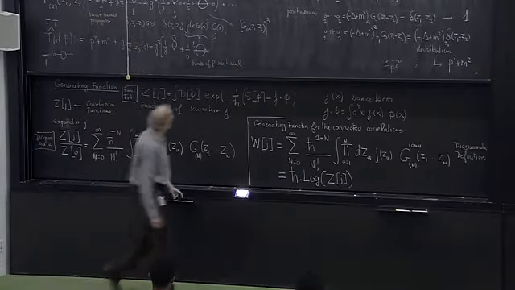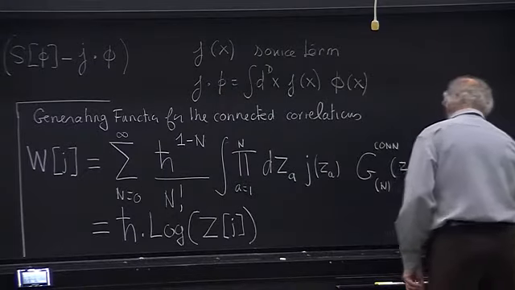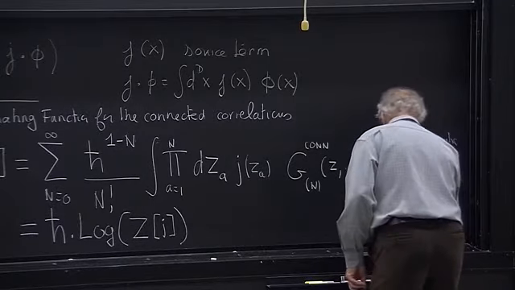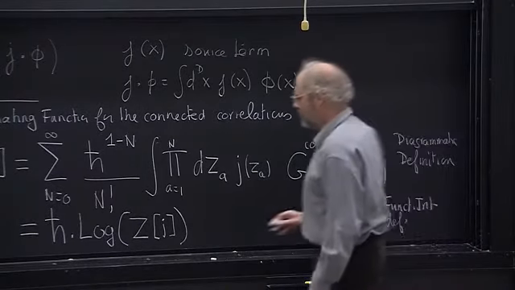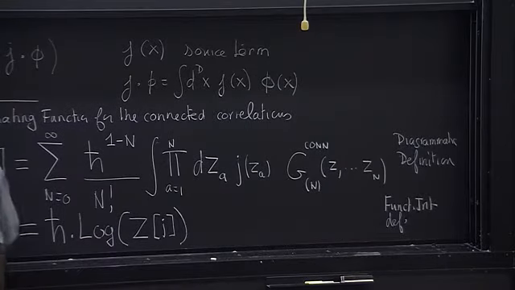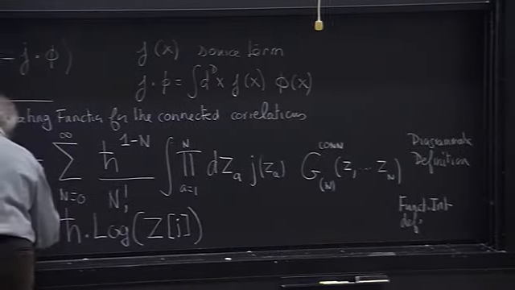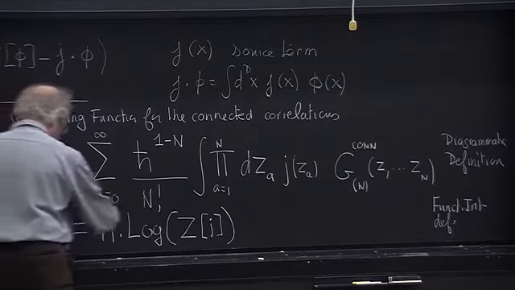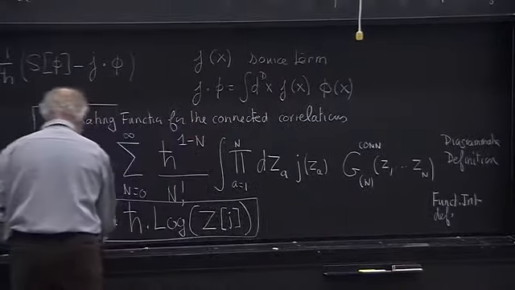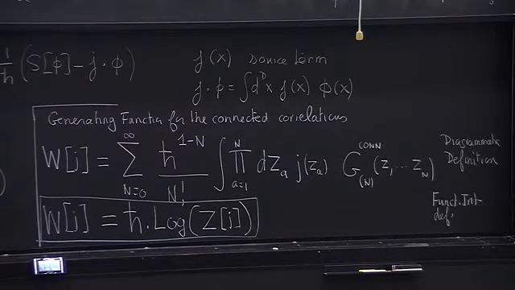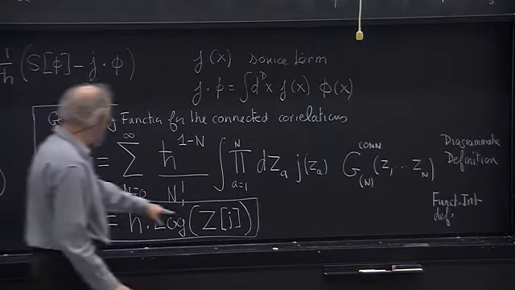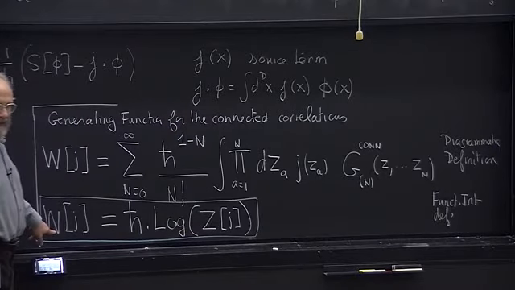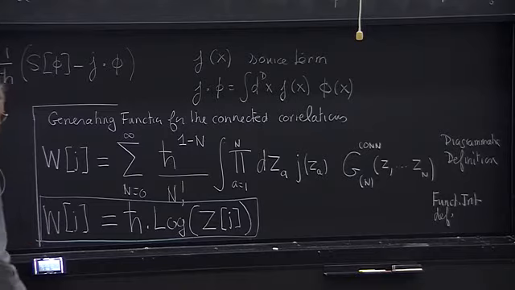So this is a functional integral as well as combinatoric. W of g is just the logarithm of Z, or equivalently, Z is just the exponential of W of g divided by h bar.